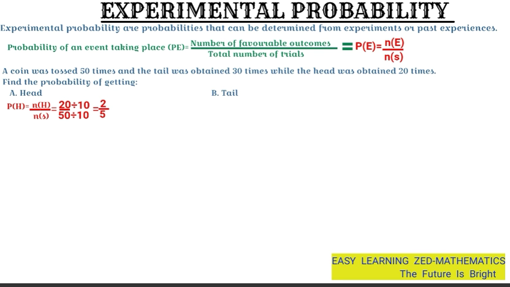So the probability of tossing a coin and getting a head on top is 2 over 5. That's the probability.